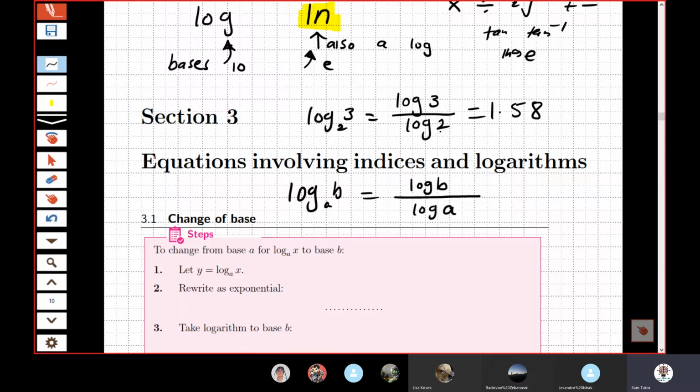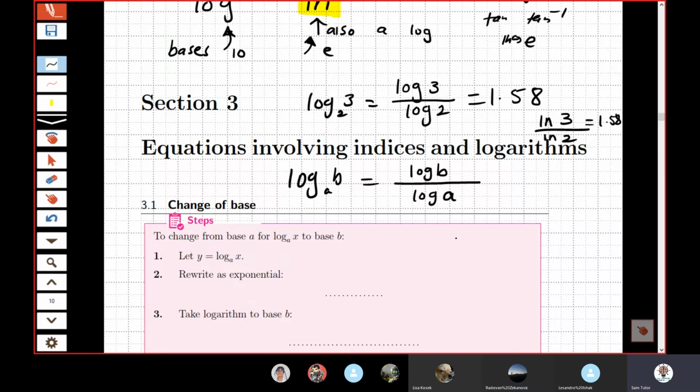So what I want you to do is go ahead and do this one again, but now use ln. So ln3 on ln2. Now it gives you the same answer in this case. Confirm that. Now I want you to go ahead and put this into your calculator. Log 3 compared to ln3.